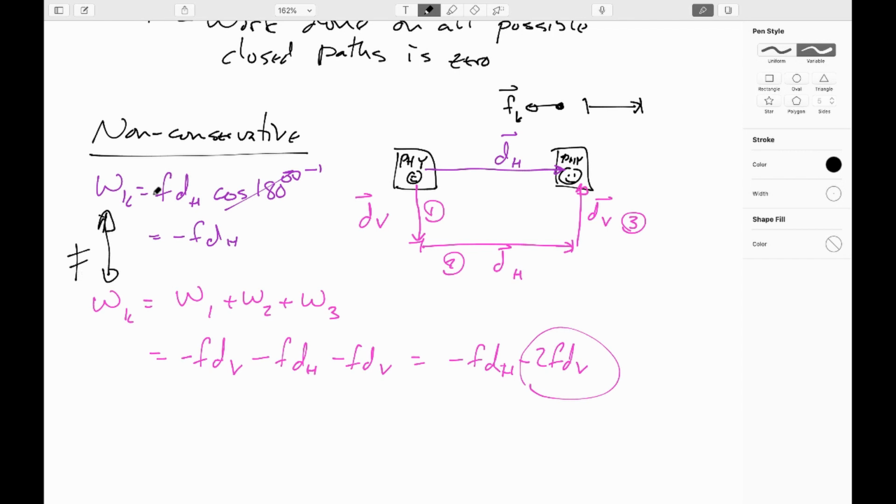And if you can find a pair of paths where it's not equal, the force is non-conservative and you're done. So that's one good use of this definition: if you can find a single case where the work done along 2 different paths is different, that's it. The force is non-conservative, you don't need to consider anything else.